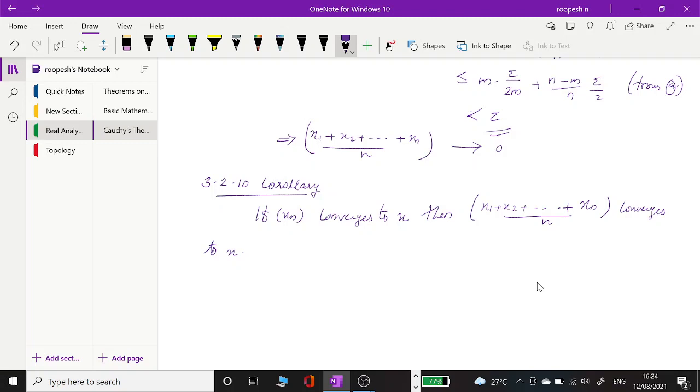If xn converges to x, then x1 plus x2 plus etc. plus xn by n also converges to x.